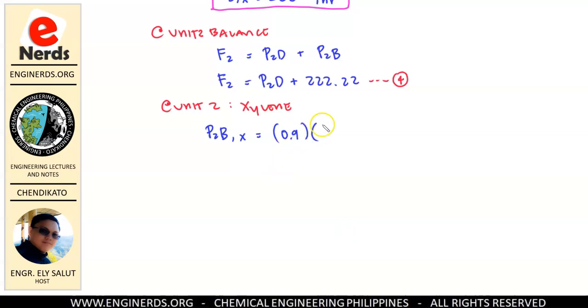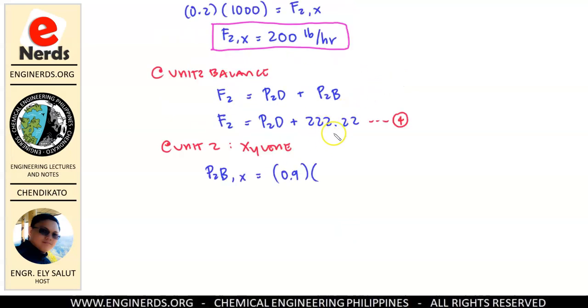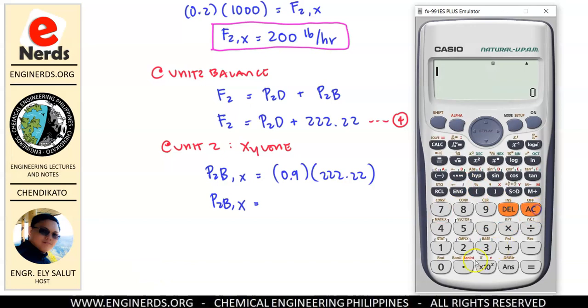So our P2B, as you can see, is equal to 222.22, right? So our Xylene in P2B is equal to 0.9 times 222.22. So is equal to 200, no?